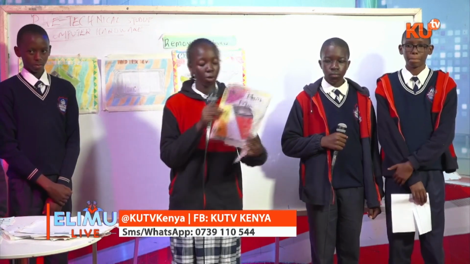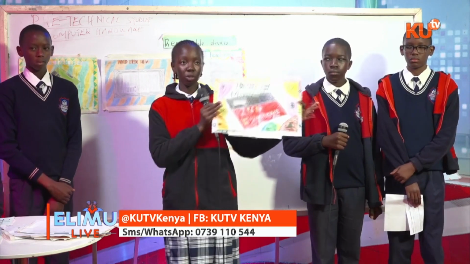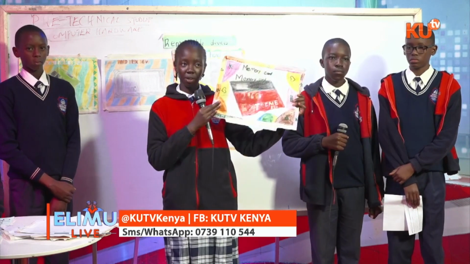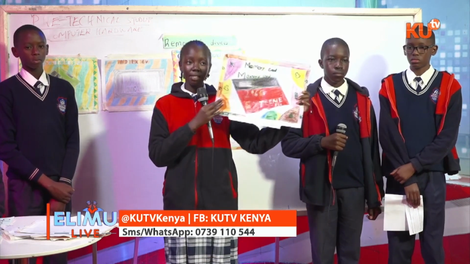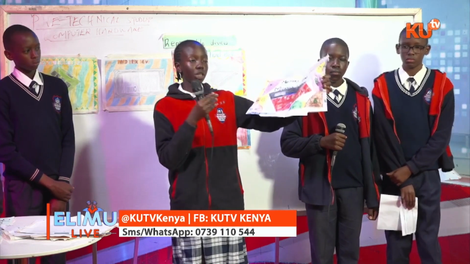Number 3 here, we have a memory card. This is one of the smallest portable removable storage devices that we have. It is used in digital cameras and phones to improve the storage capacity.